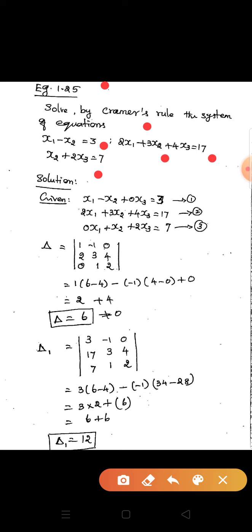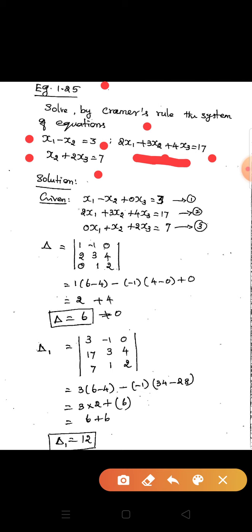But listen, in the three equations some variables are missing in the first and third equations. In the second equation all three variables appear, but in the first and third, variables are missing. So we write all three variables.